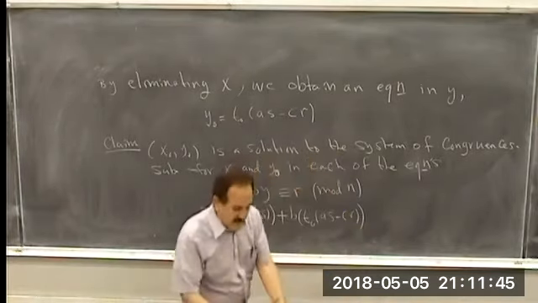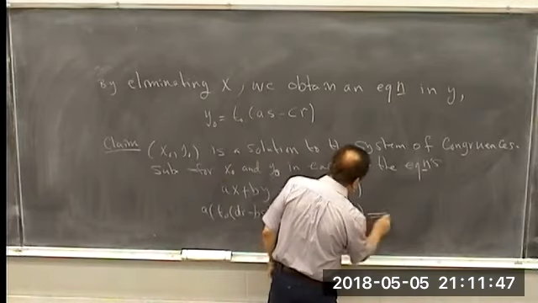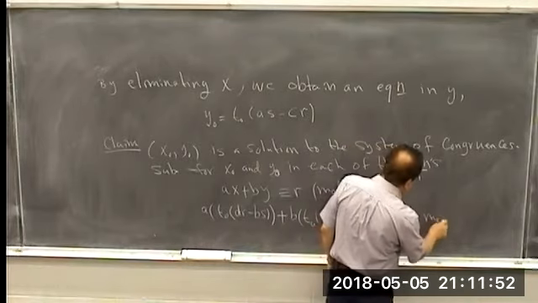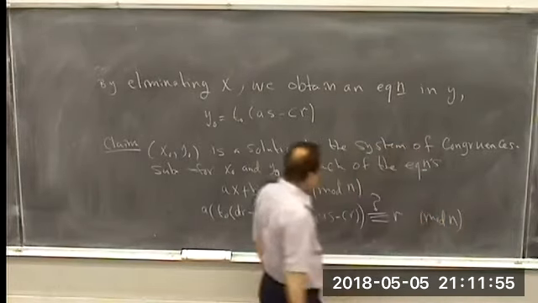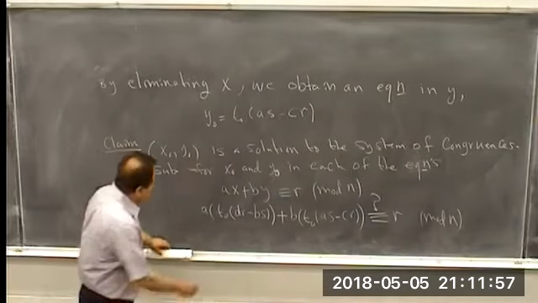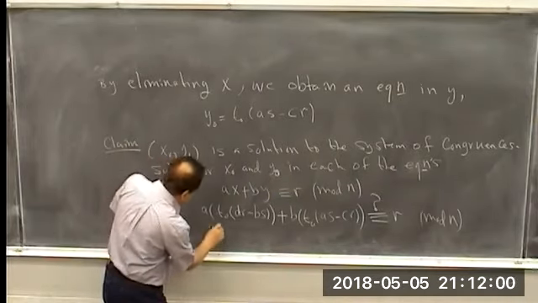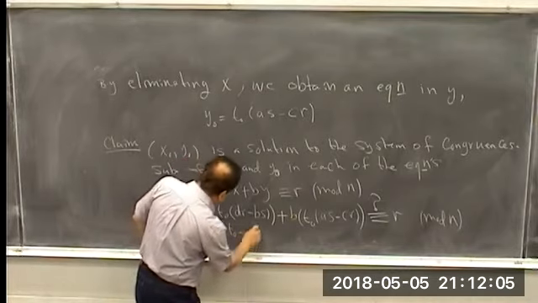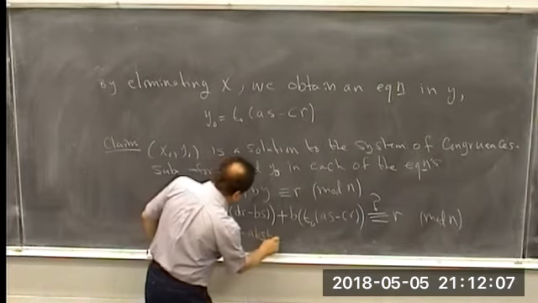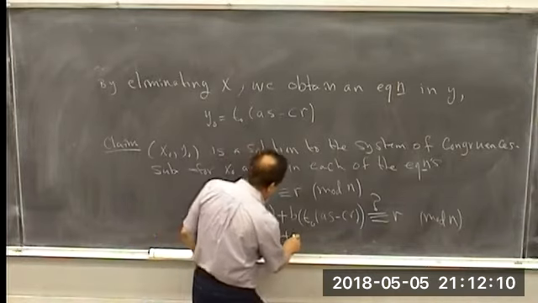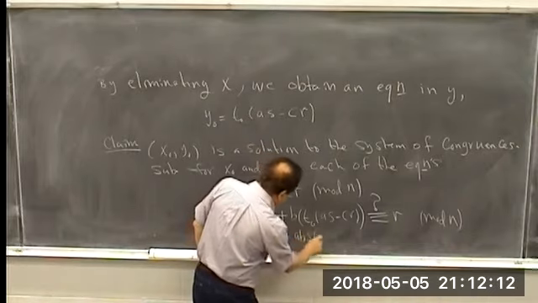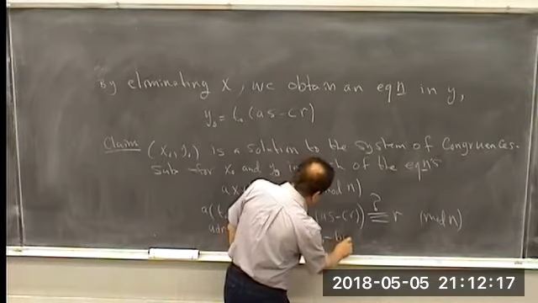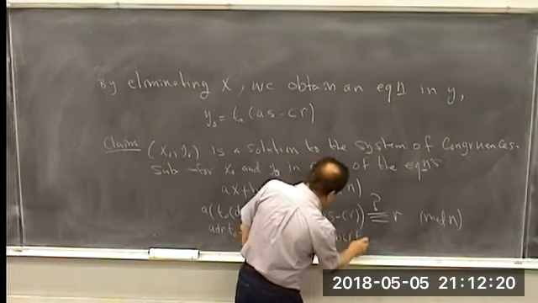And we would like to check if these numbers are going to be congruent to r mod n or not. If I multiply this out, I get a d r t sub 0 minus a b s t sub 0 plus a b s t sub 0 minus b c r t sub 0.